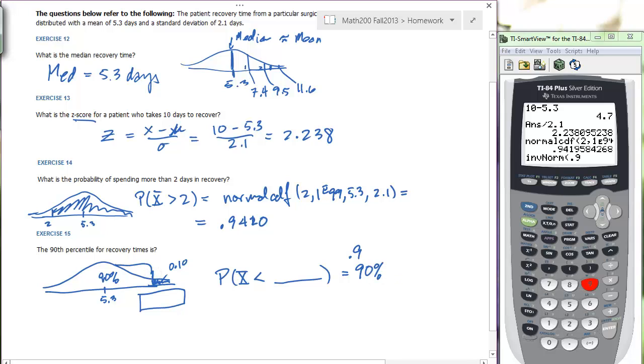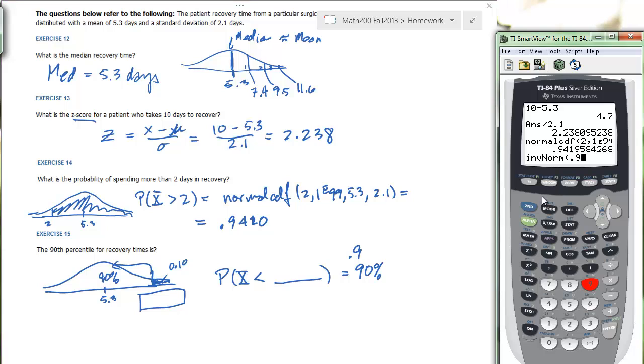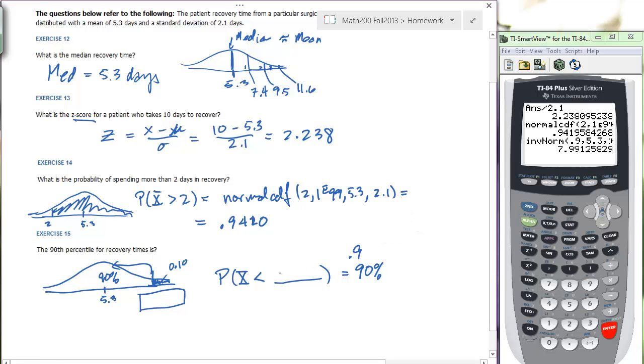And then we punch in our mean and our standard deviation, and then it's going to give us 7.99, so basically 8 days. So the 90th percentile for recovery time is 8 days. Alright, I hope that helps.